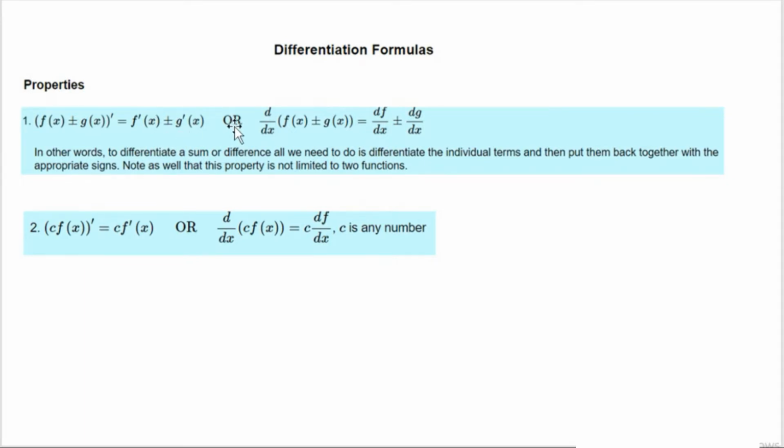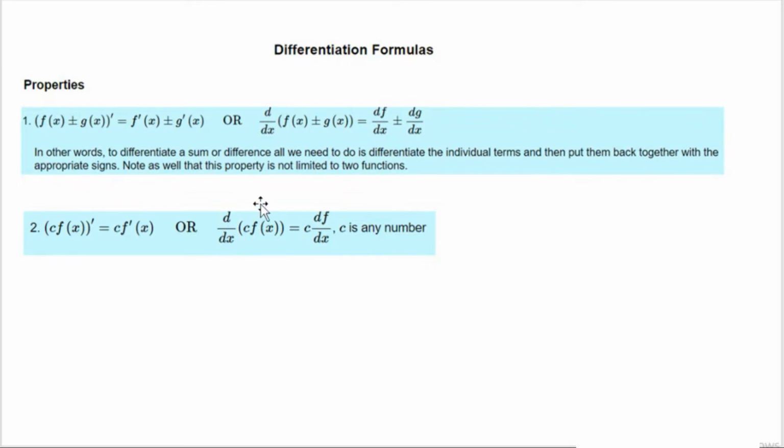Or the other notation for that is d over dx of the quantity of f of x plus or minus g of x is equal to the derivative of the function f with respect to x plus or minus the derivative of the function g with respect to x.